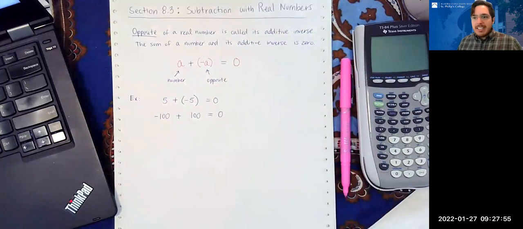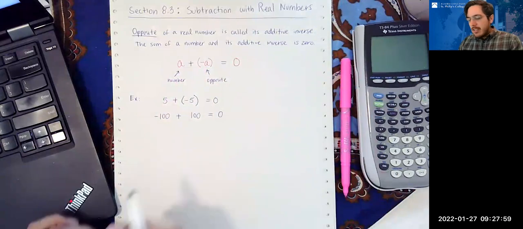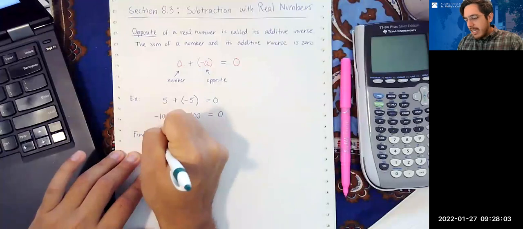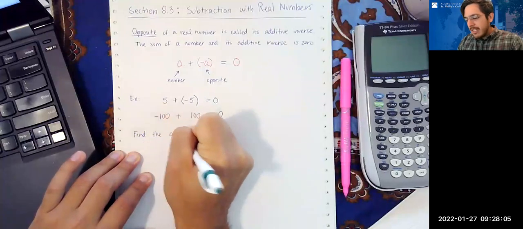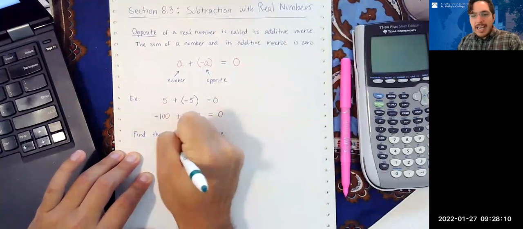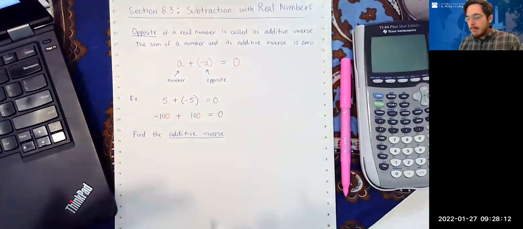So we need to be able to find the opposite of a value in order to really understand this concept. If you were asked to find the additive inverse, and I'll continue using that terminology, whenever you see additive inverse, just think to yourself the opposite.